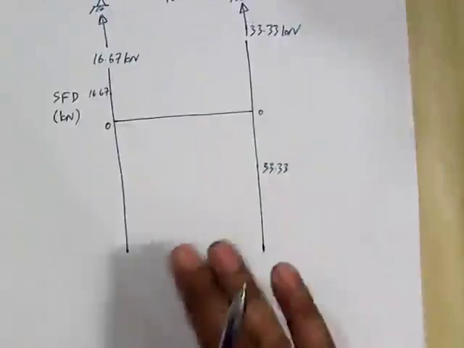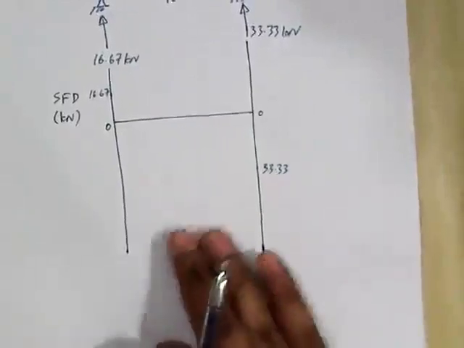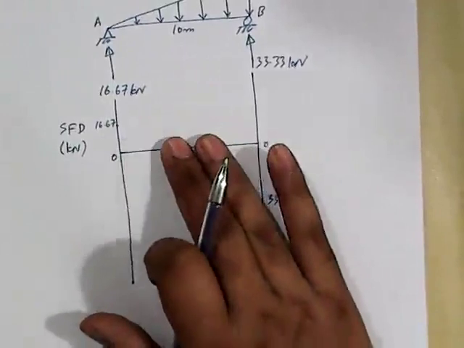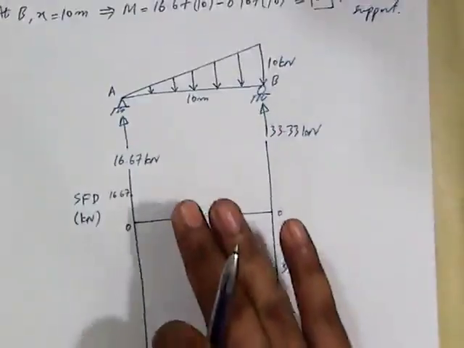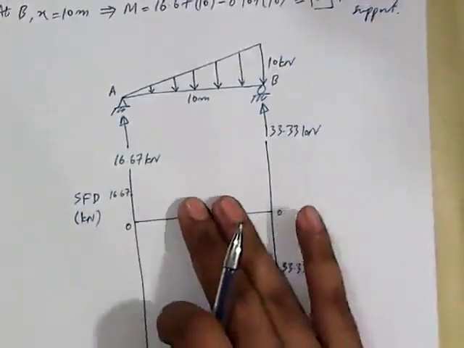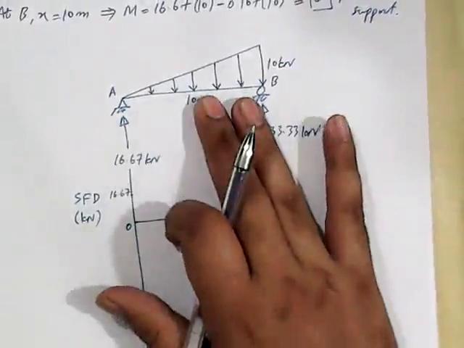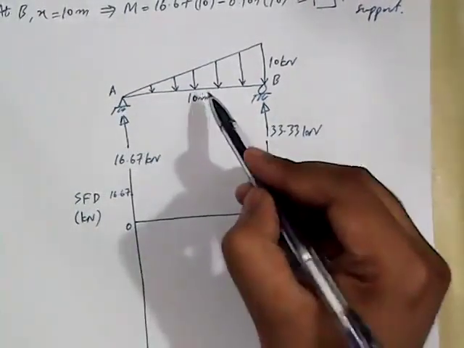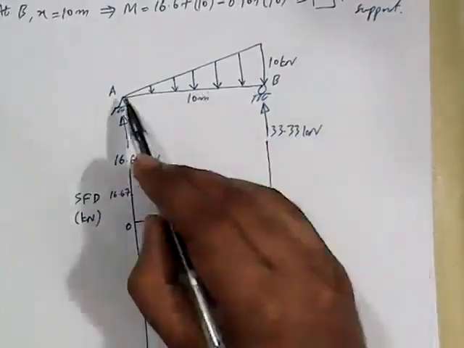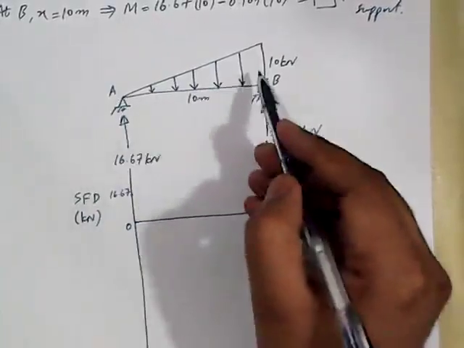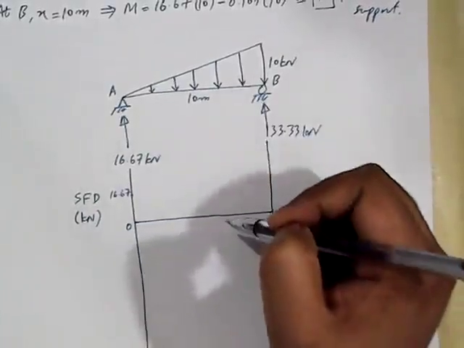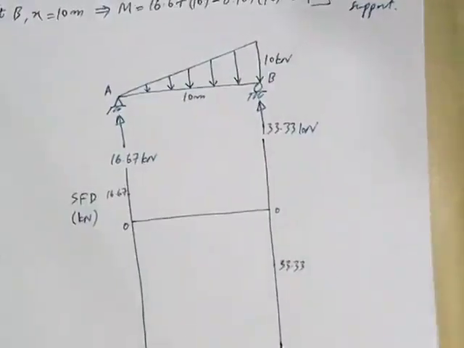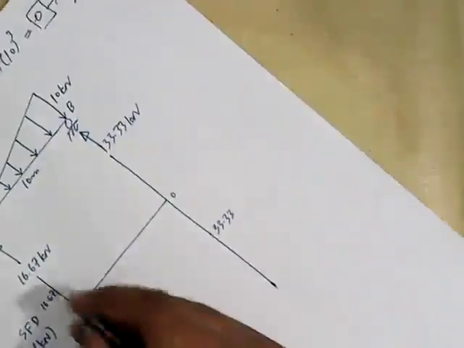So for the slope of bending moment diagram, we look at the magnitude of shear force diagram. And for the slope of shear force diagram, we look at the magnitude of the load diagram. As the magnitude of load is increasing, the slope of shear force diagram should also be increasing. And how do we draw the increasing slope?